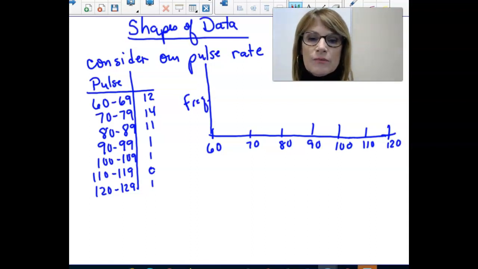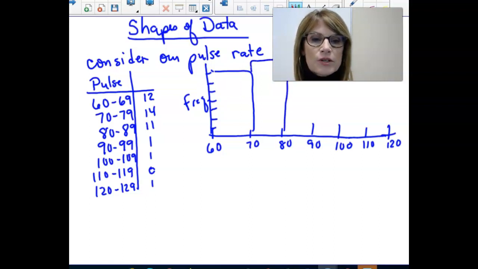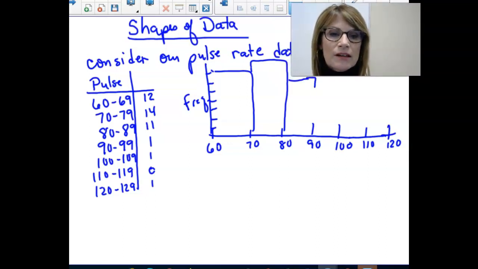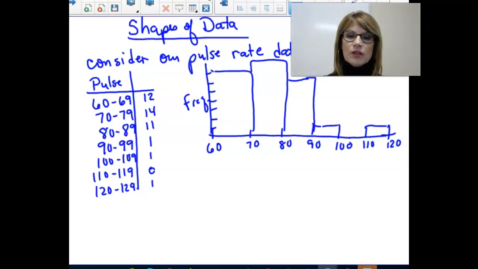I think there were 12 in the 60s, 14 in the 70s, 11 in the 80s, 1, 0, 1. So you could use your lower class limits, and that would work.